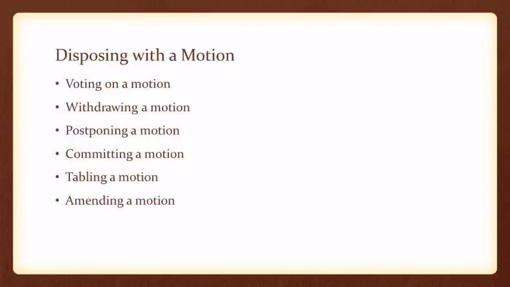On the floor, we're not going to be able to come to a satisfaction. There are still some valid points in this, and we just need to work some bugs out of it. So we move to commit, and then the committee would later bring back their report.